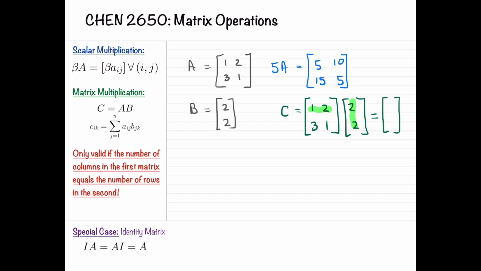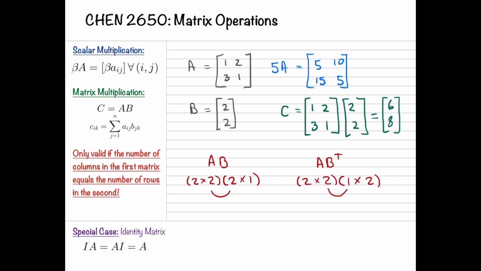So we have 2 times 1 plus 2 times 2, which is going to be 6 for the first value of C. And then looking at moving along the second row in A and the column in B, we're going to end up with 3 times 2 is 6 plus another 2 for a total of 8. So in multiplying A times B to produce C, we end up with a column vector. So it has 2 rows, 1 column with values of 6 and 8.